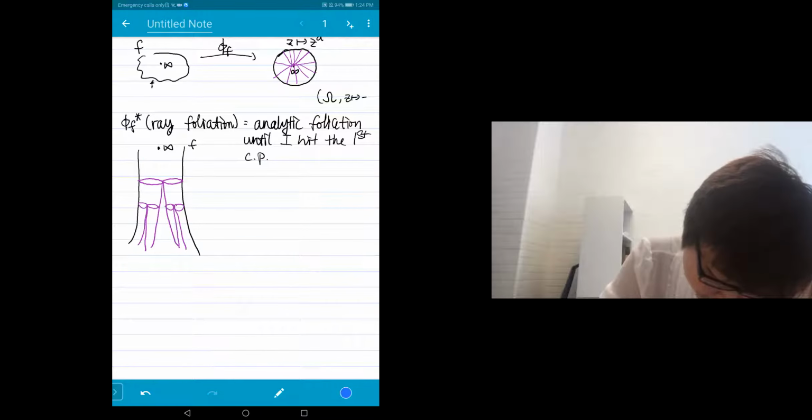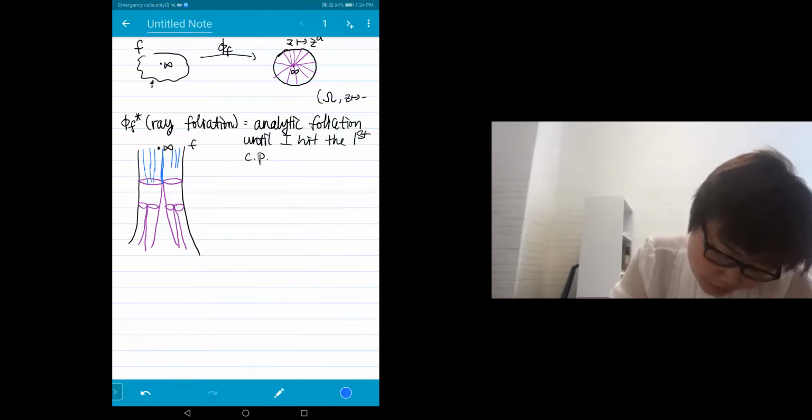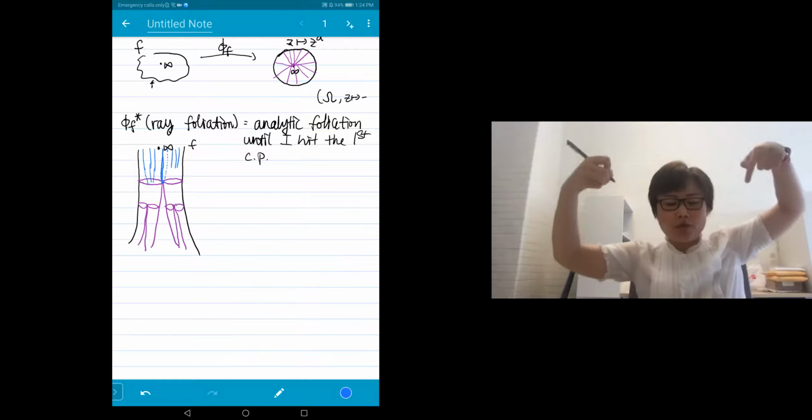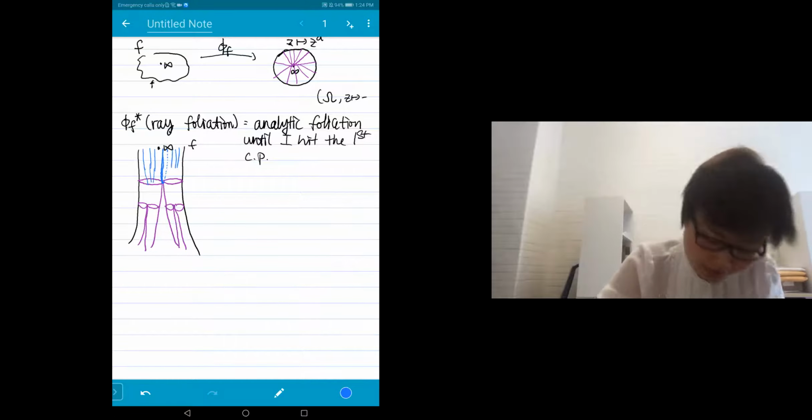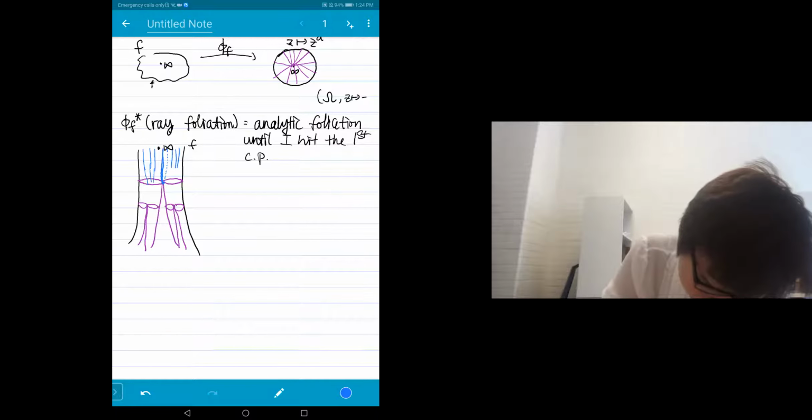So it comes from infinity, so it looks like vertical lines. So it is analytic until I hit this point. So this leaf, and there's one at the back, will stop being analytic once it hits the critical point, right? And these ones will continue because they're analytic.